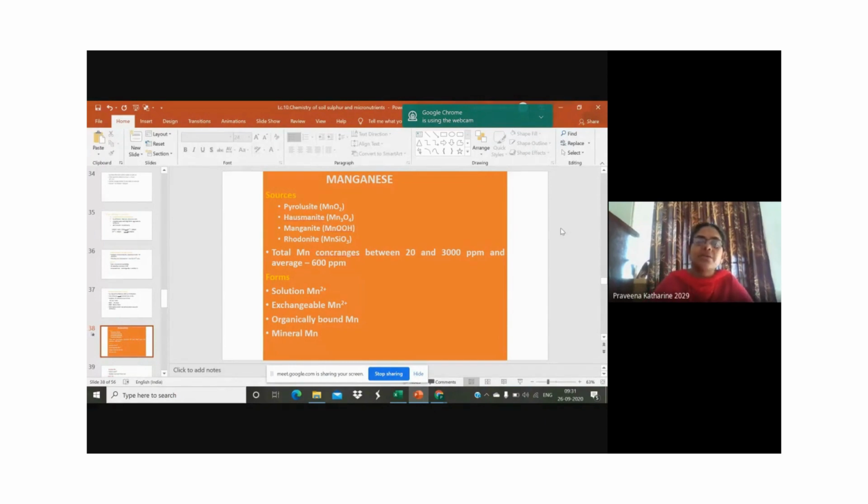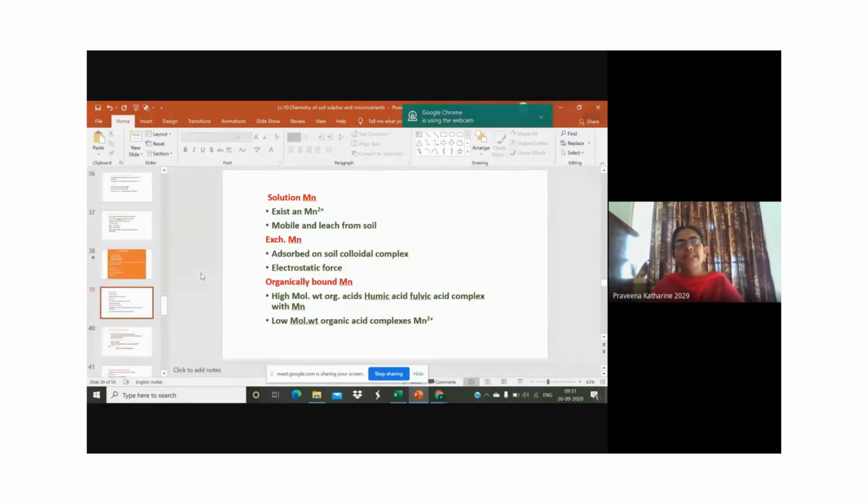Like any other nutrient, the forms of manganese in the soil are solution manganese, exchangeable manganese, organically bound manganese, and mineral manganese. This is common, isn't it? When it is present in the solution phase, manganese is present as Mn2+, a cation. This form is very easily mobile in the soil and gets easily leached from the soil.